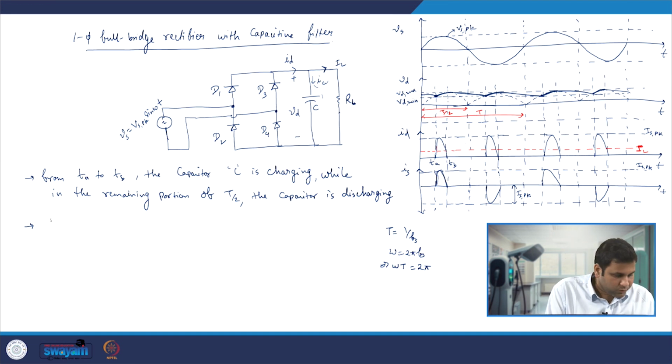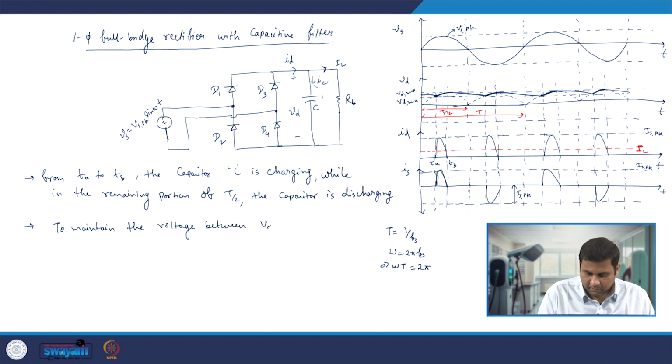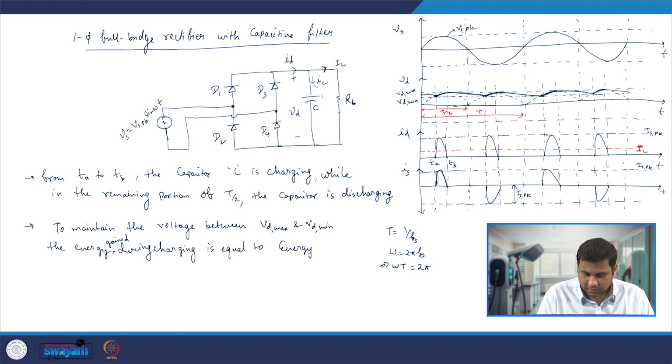So we can say that in order to maintain the voltage between VD max and VD min, the energy gained during charging must be equal to the energy lost during discharging.